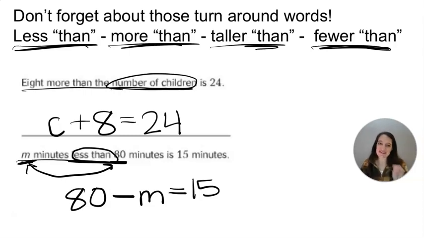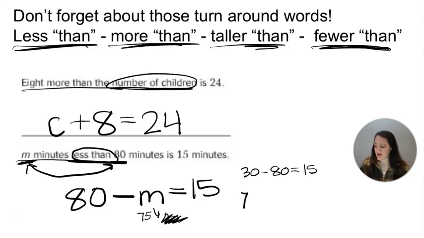Because M minutes less than 80, M probably equals something like 30 minutes. And it would be really weird to do 30 minus 80. That does not equal 15. Actually, we know exactly what it is. It's 75, right? M has to be 75. That has to be the equation. So this equation wouldn't work if we did 75 minus 80. Okay, it's not 75 either. It's 65.